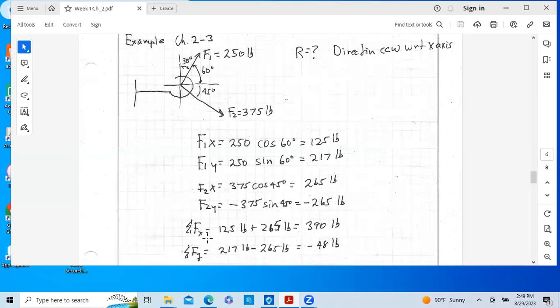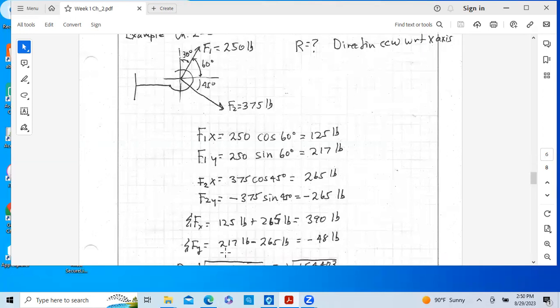We sum forces in the x direction, so it's going to be the 125 plus 265, 390 pounds. Sum forces in the y direction, 217 pounds, and then it's minus 265 pounds. It's minus 48 pounds.